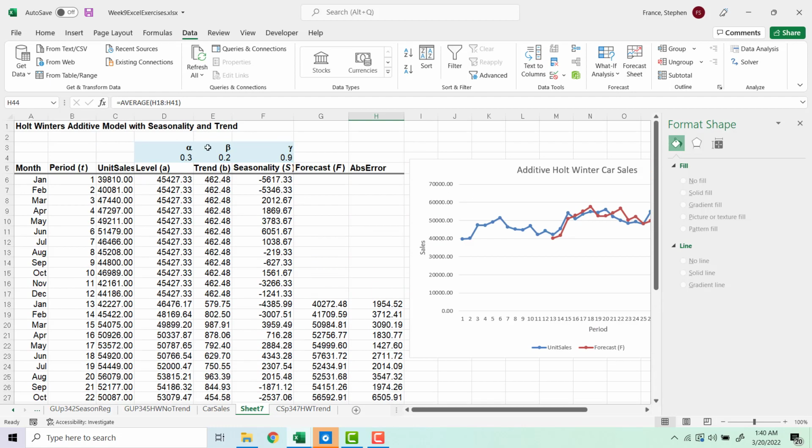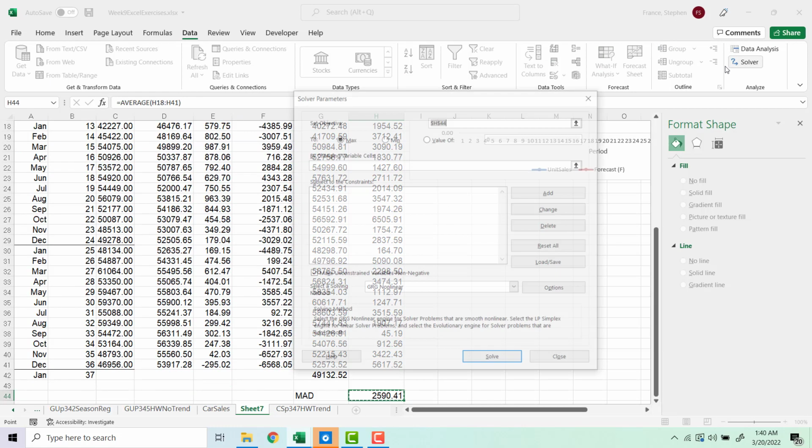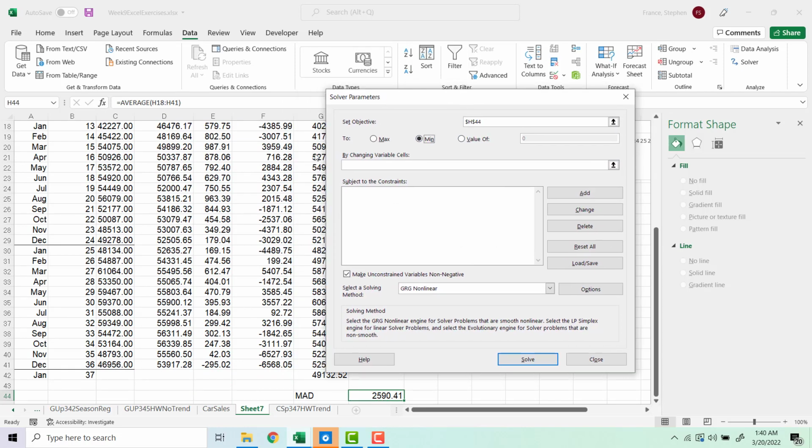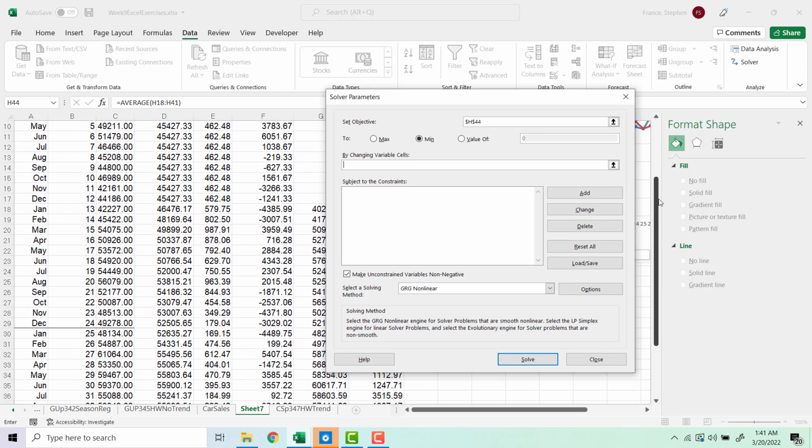And so we want to minimize this by changing these parameter cells.